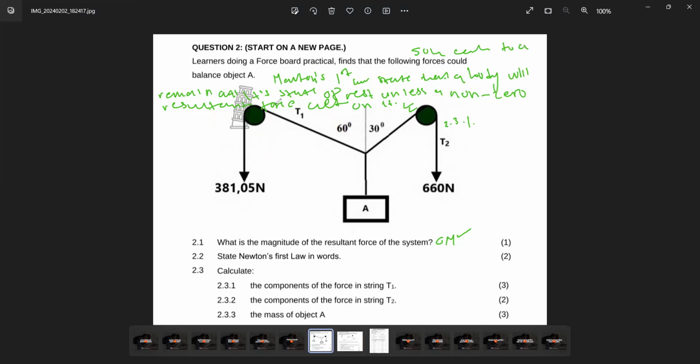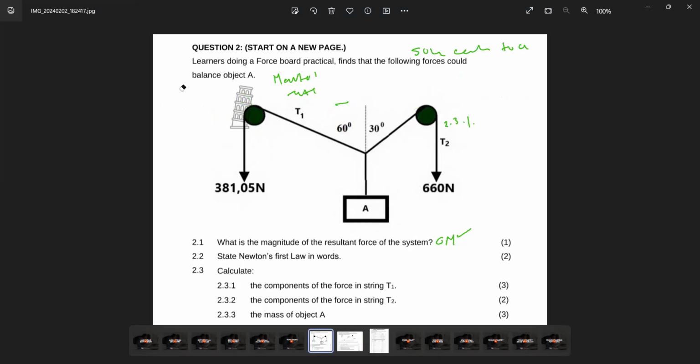If you can check here, we have this as our horizontal component T1x, and this as our vertical component T1y.